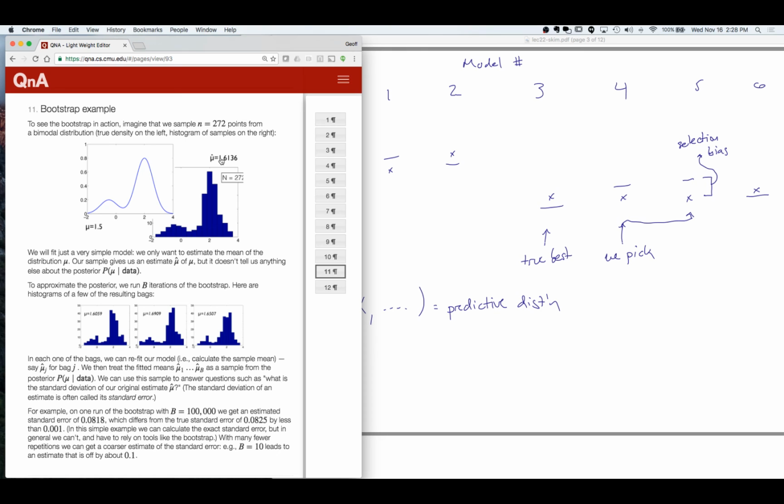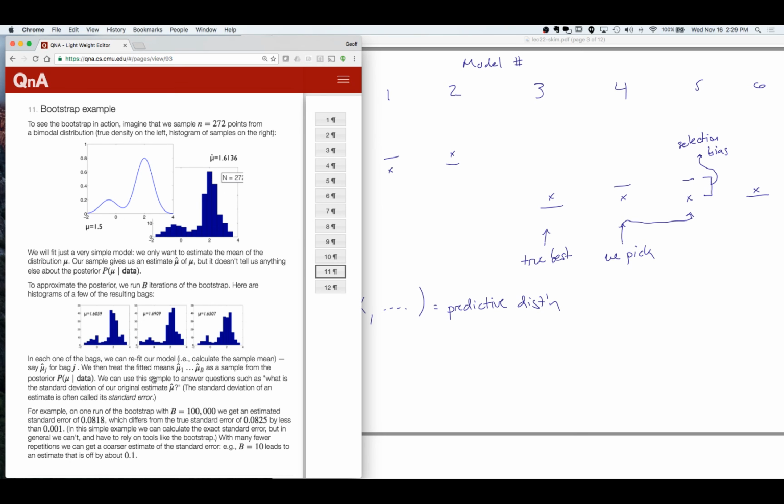So to approximate the posterior, we're going to run the bootstrap, meaning for B times, we resample 272 points by drawing with replacement from this distribution. Here are 3 of the bags we get, and we get different means in each one. The variability of those means helps us understand how confident we are in our original estimate mu hat.